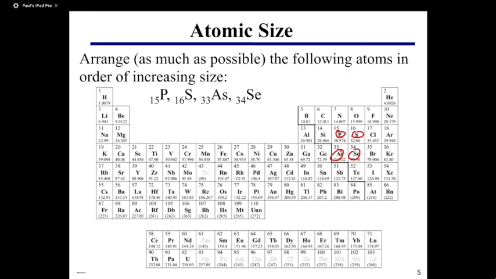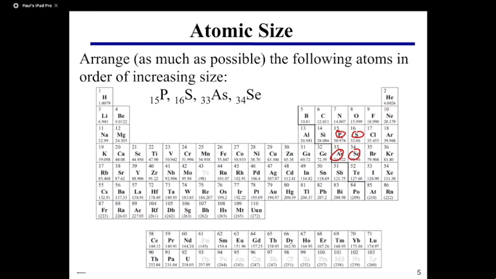Arsenic. Okay. If I compare phosphorus and selenium, which one is bigger? Okay, we said as we move this direction it gets bigger, right? And as I move that direction it gets bigger. At this moment in time, we wouldn't know by just the trend.